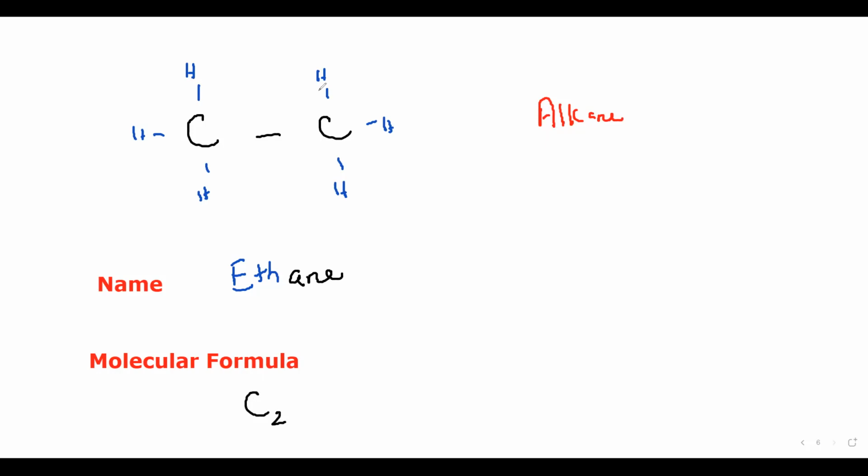And how many hydrogen are there? 1, 2, 3, 4, 5, 6. So C2H6. Is it clear? The molecular formula? That 2 carbon and 6 hydrogen are there, C2H6.